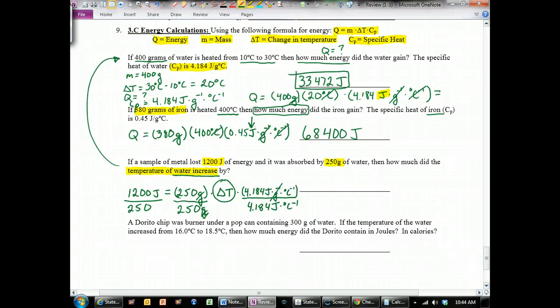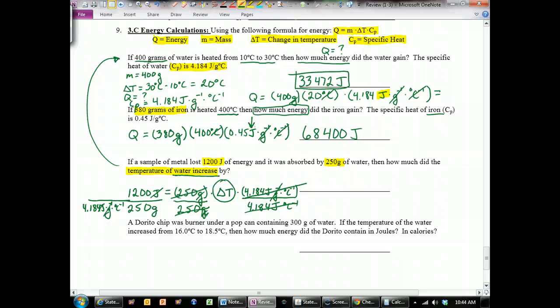Everything gets canceled on this side. So to get our answer, we take 1200 joules, and the joules cancel.